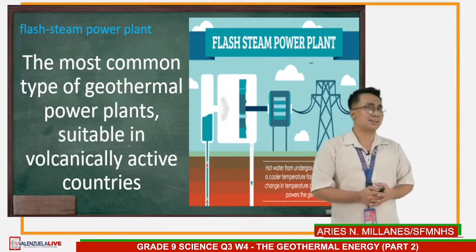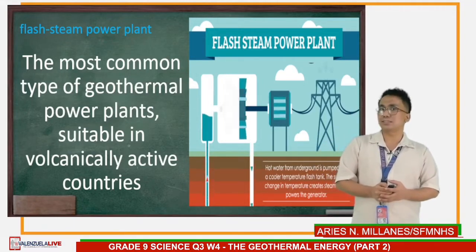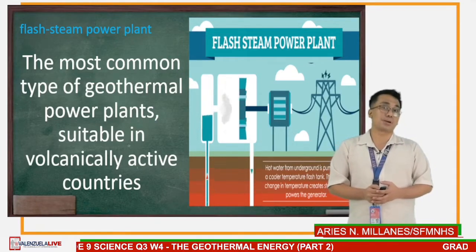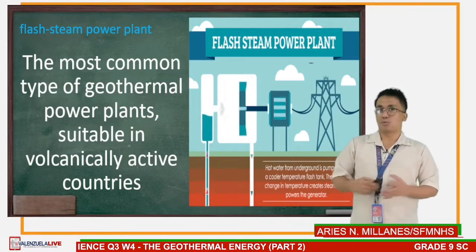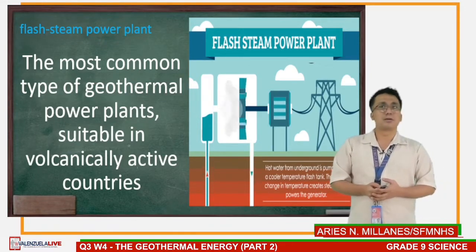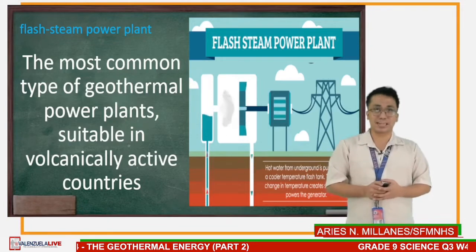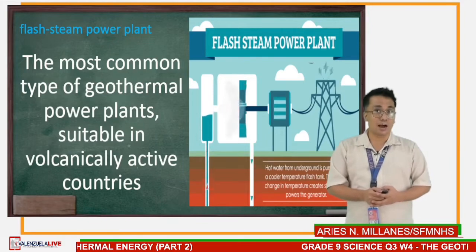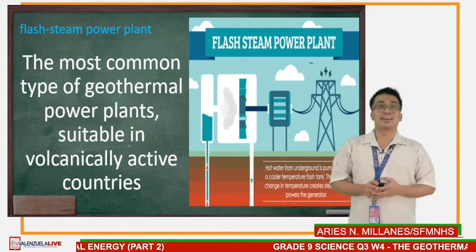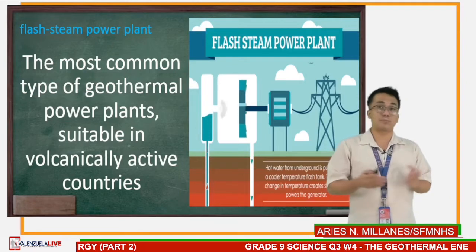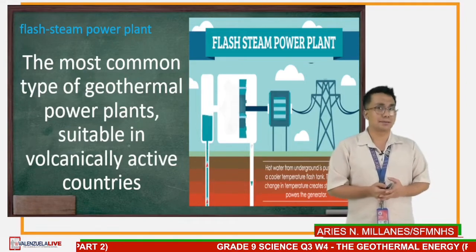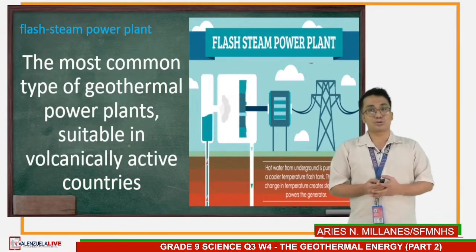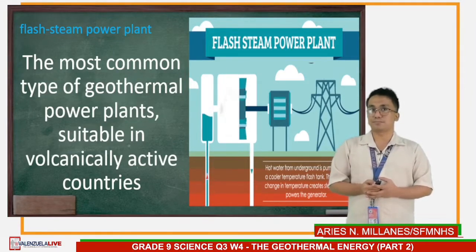Water that is hotter than 182 degrees Celsius is pumped into a low pressure area where some of the water flashes or evaporates rapidly into steam and is funneled out to power its turbine and generate electricity. Any remaining water can be flushed in a separate tank to extract more energy.